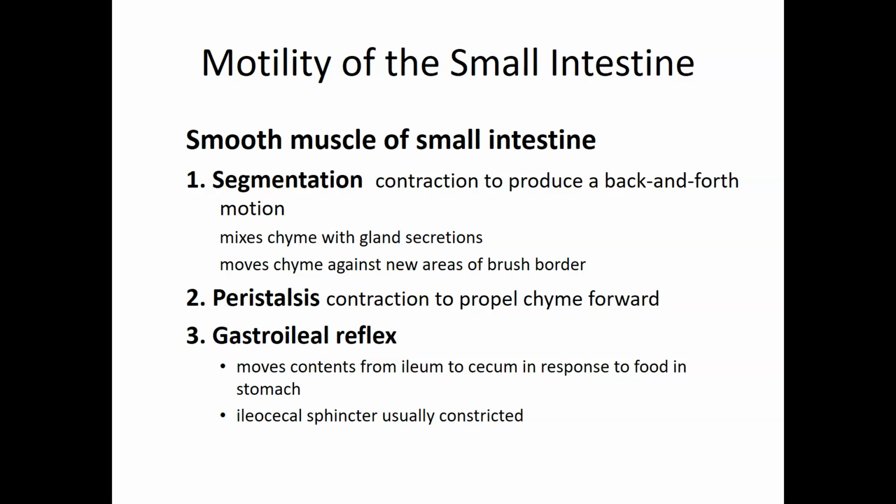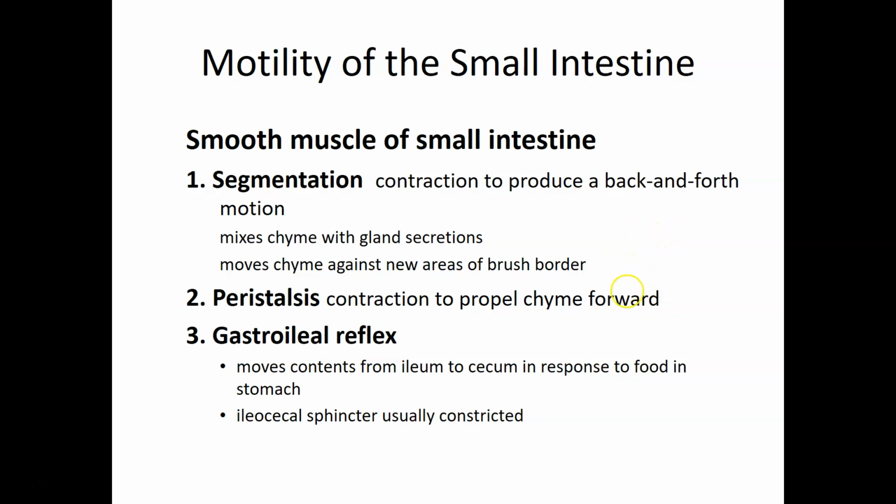So whenever there is movement of food into the duodenum, that triggers this gastroileal reflex. The gastroileal reflex opens basically the ileocecal valve, allowing food that's going ahead in the small intestine to enter into the first part of the large intestine.